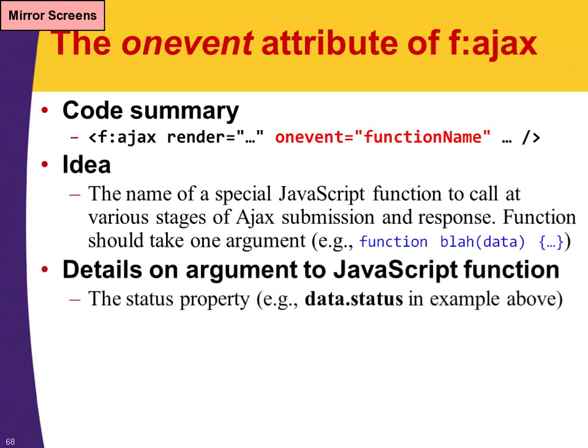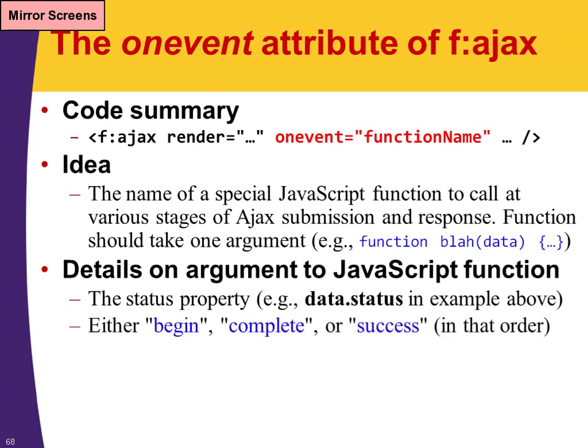In this case, you would, if you called this thing blah, you would pass this thing called data. What you call it is irrelevant as long as you're consistent about using that name. So there are fields or properties associated with that thing automatically for you. Status is one. Status is either begin, complete, or success.